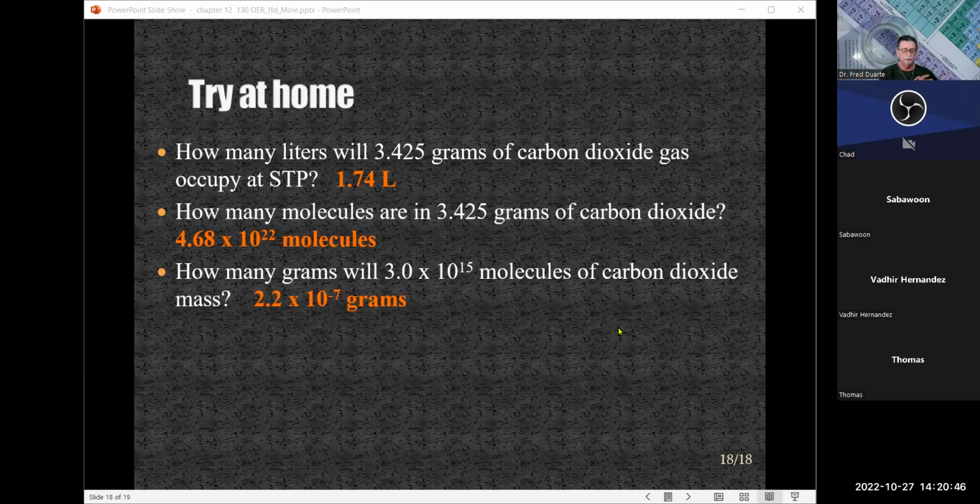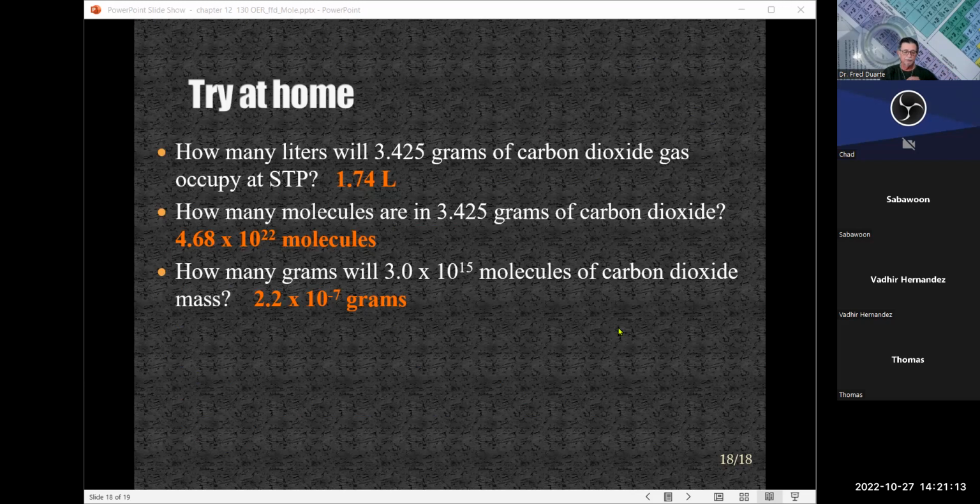So you have the grams of carbon dioxide. You want to get to liters of carbon dioxide at STP. Remember, I can't go directly, so I have to go through the units of moles. Number 2 says, how many molecules are in the same quantity, 3.425 grams, of carbon dioxide?